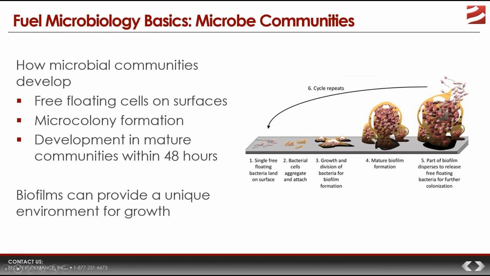Then those adhesive substances are going to cause other planktonic cells to stick to the surface as well, to join it. Then they start reproducing. They're producing their own adhesive substances, and eventually, give it enough time, you get the formation of a complex, mature microbial community.